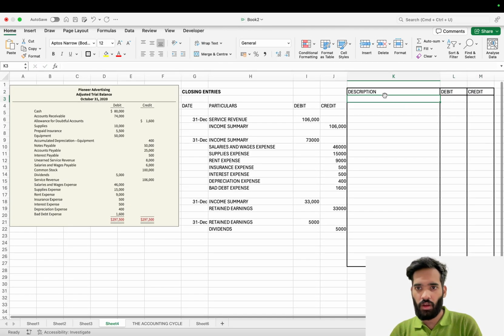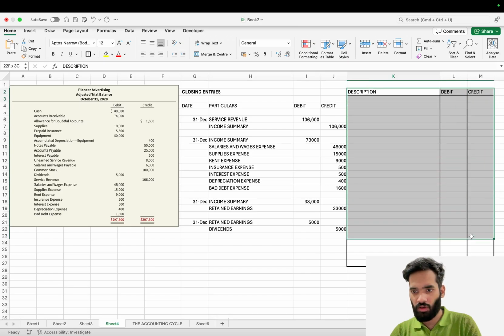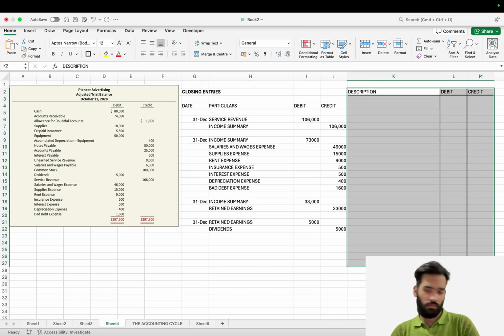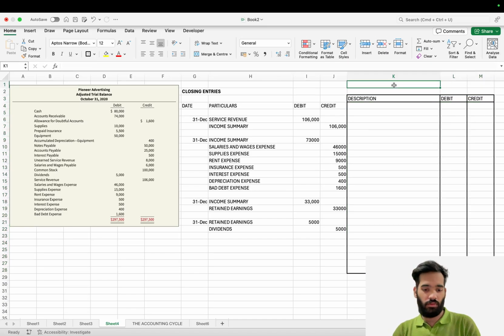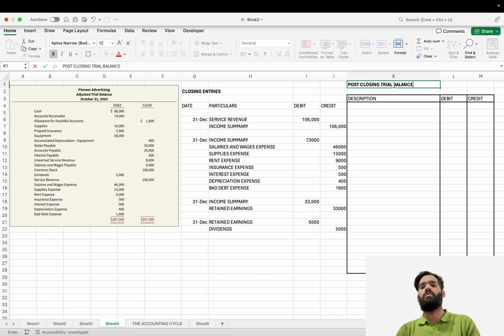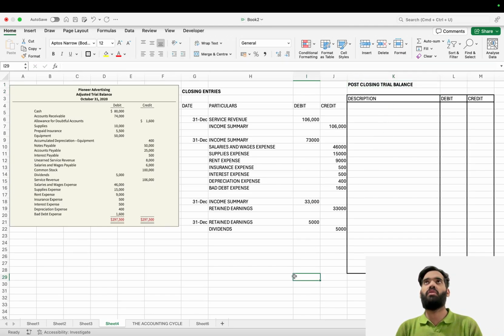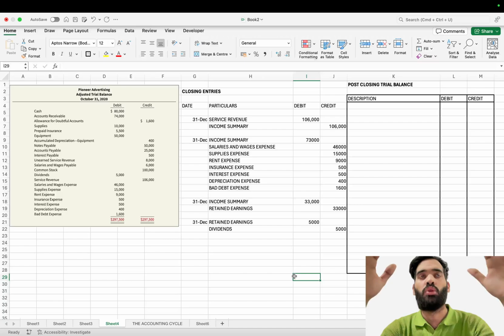And of course, we are preparing the post-closing trial balance, so let's also give it a name. Post-closing trial balance.